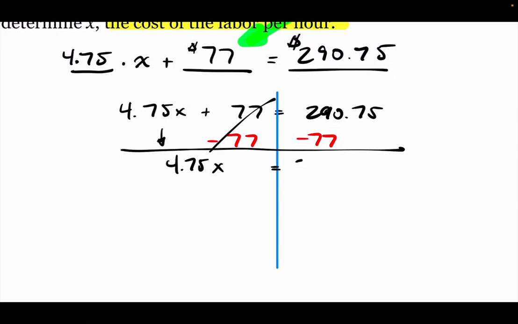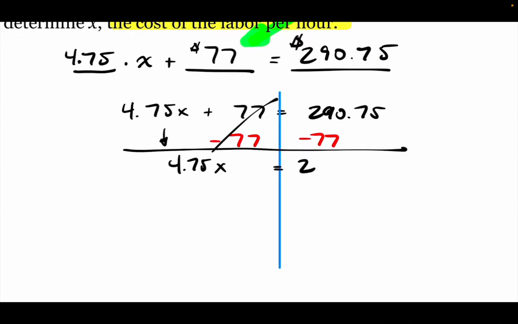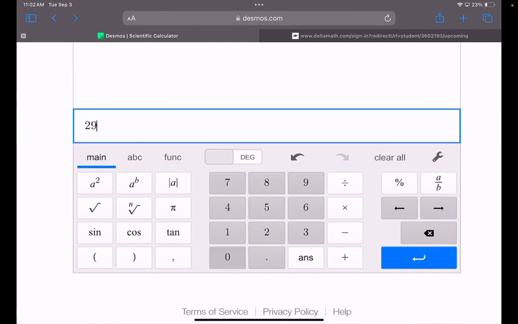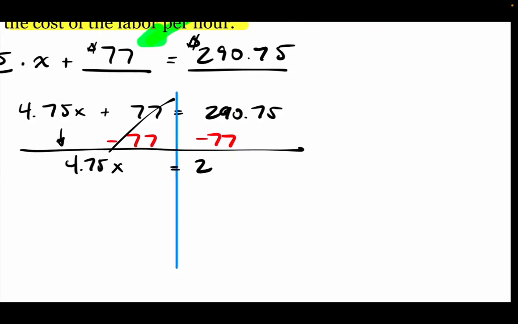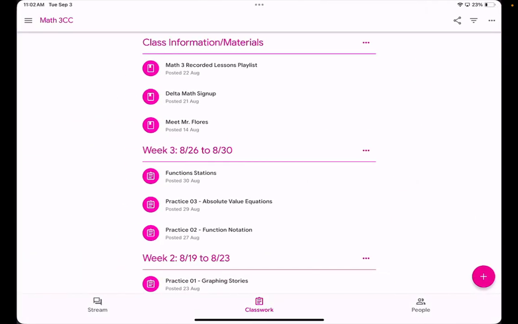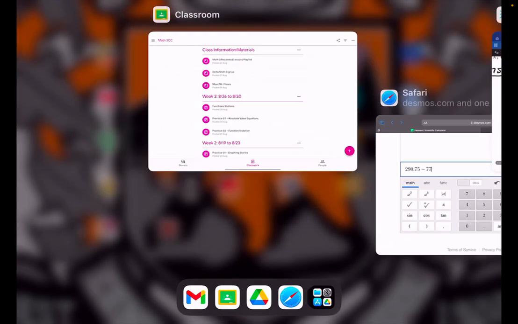It's going to be 200 and something. 290.75 minus 77, so when I subtract those two, I get 213.75.